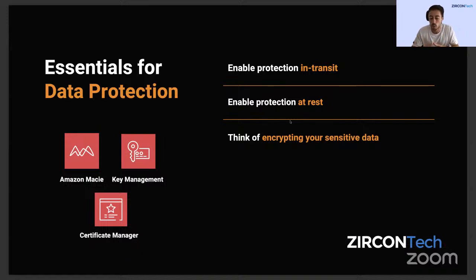Or we don't need to store. So Amazon Macie will help us to go over that data that can be in the form of different file types and help us identify these types of things.